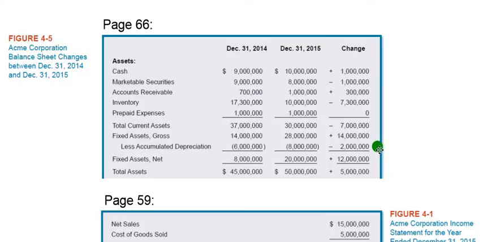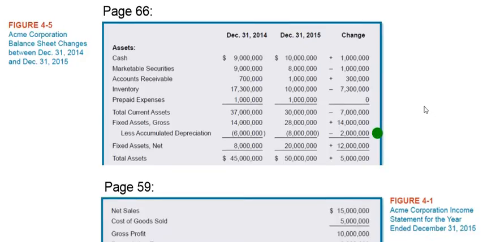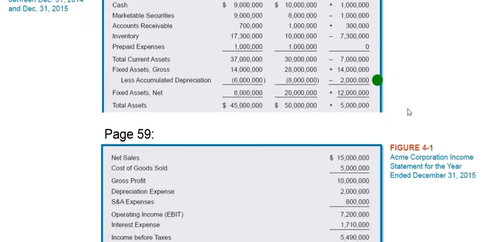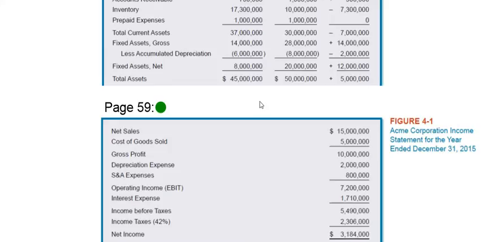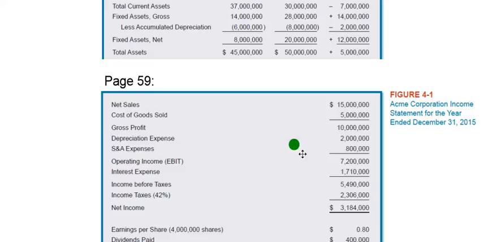So we take that and we go down to our income statement, which you can find in the book on page 59. And we want to enter that into our depreciation expense. So this is what we want to actually subtract from our sales right here. So we start with our total revenue, and then we subtract a number of line items until we get down to our net income.